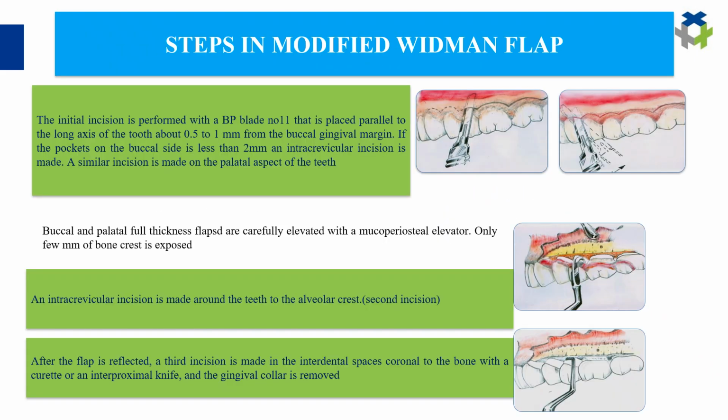So these are the steps in modified Widman flap. So initial parallel incisions are made closer to the gingival margin. The flaps are elevated minimally. Parallel incisions are made and then flaps are elevated. A third incision removes the gingival collar and tissue tags are removed before adapting and suturing the flap.